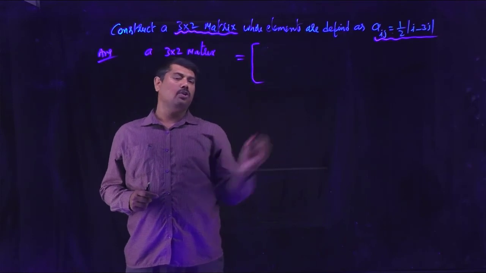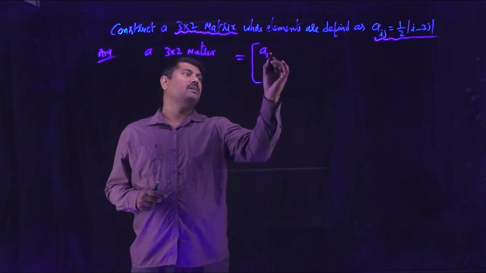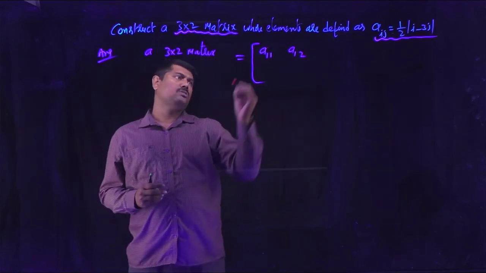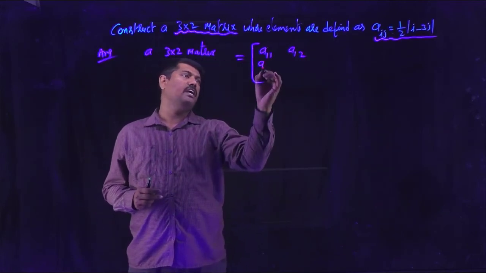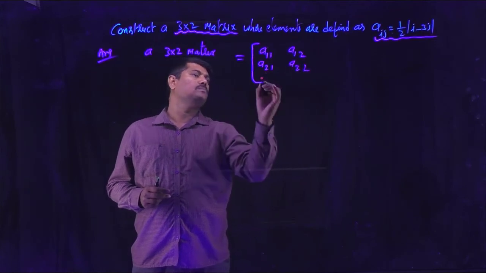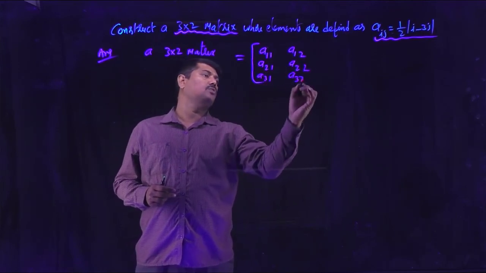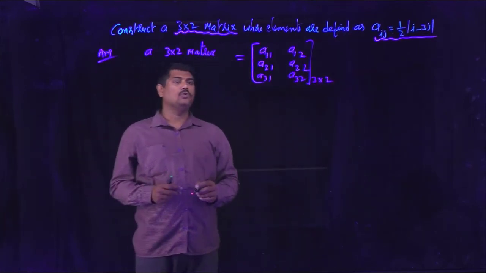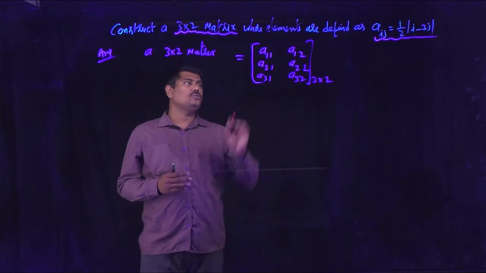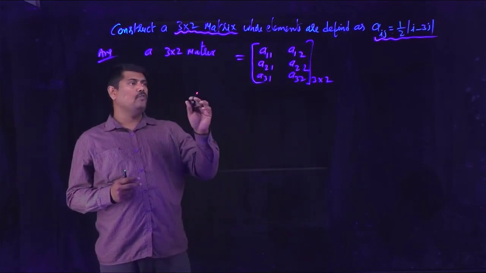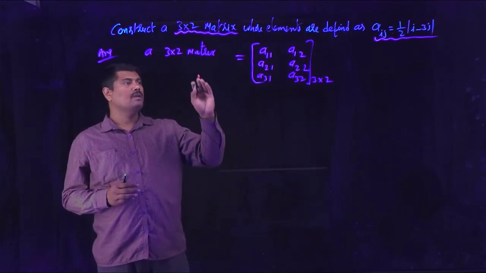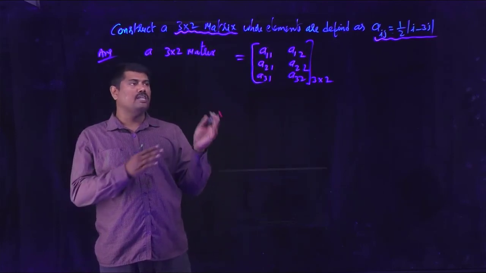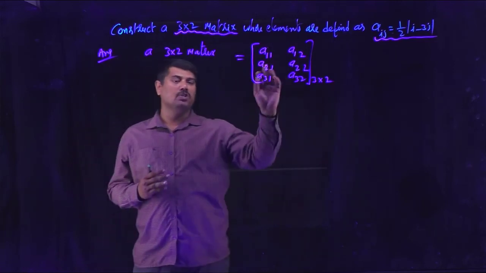It contains 3 rows and 2 columns, so it is A11, A12, A21, A22, A31, A32. This is the general format of a 3 by 2 order matrix. Now using the definition, you find the values of A11, A12, A21, A22, A31, A32, substitute in the format, and you will get the answer.